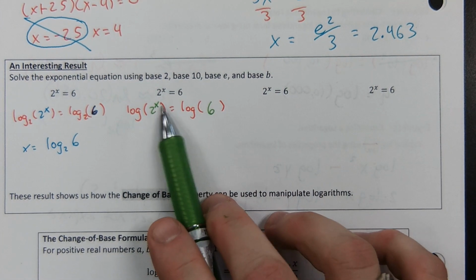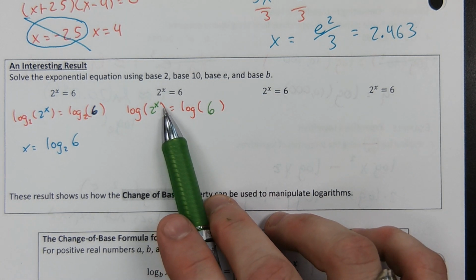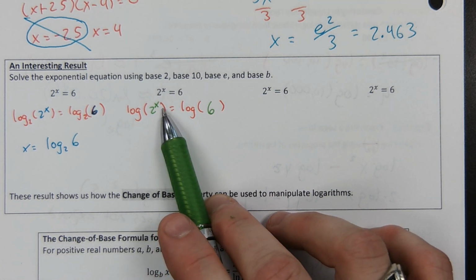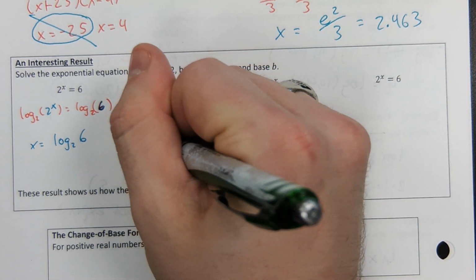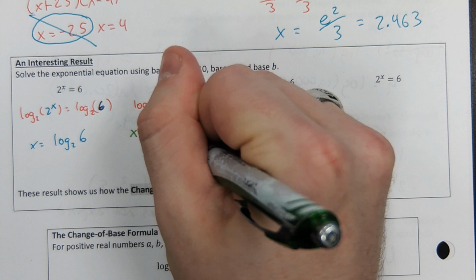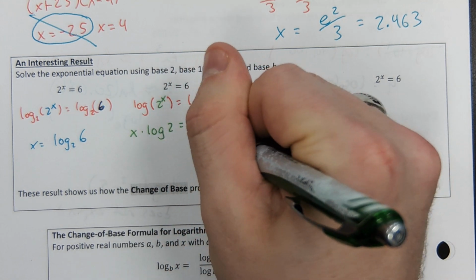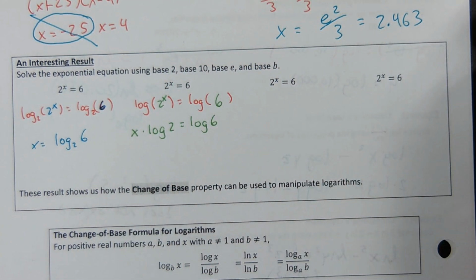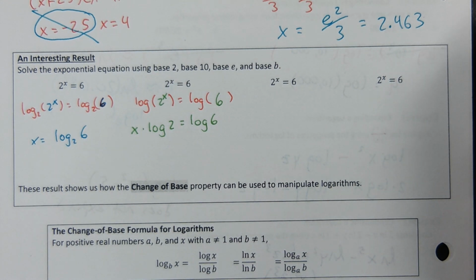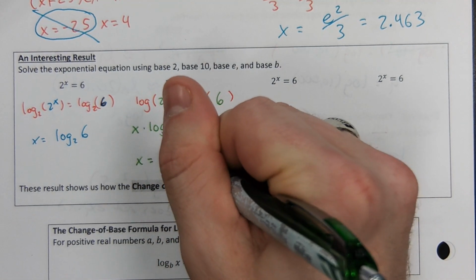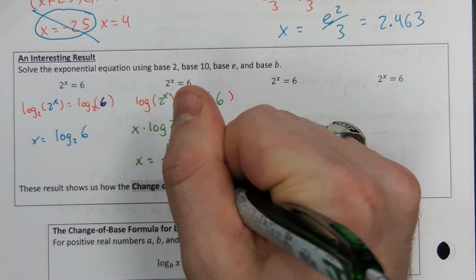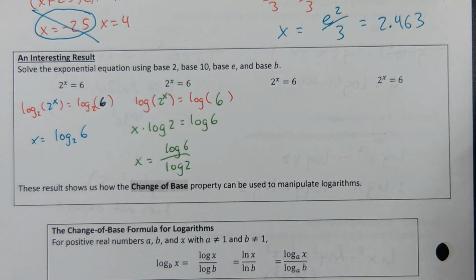However, there's an x in the exponent position here. Our expanding rules allow us to take this x to the front of this logarithm. We get x alone by dividing both sides by whatever number log of 2 is. Log of 2 is a number. You divide both sides, and you get x equals log of 6 divided by log of 2.